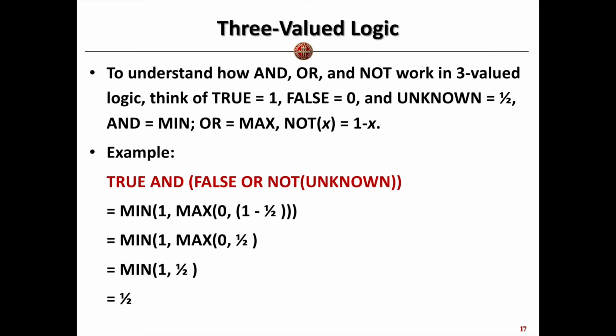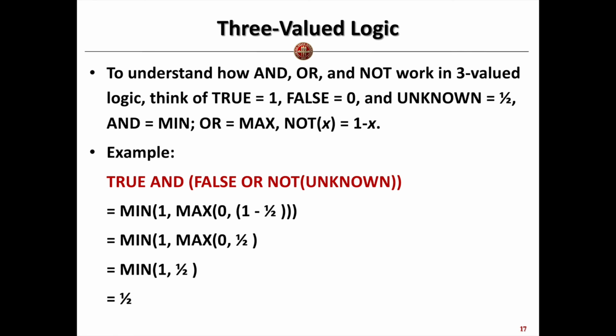Suppose we have a complex condition connected by AND, OR, and NOT with some truth values. For example, an expression like this: true AND (false OR NOT unknown). Then the question is, what truth value does it return? It will be very hard to answer this question directly.